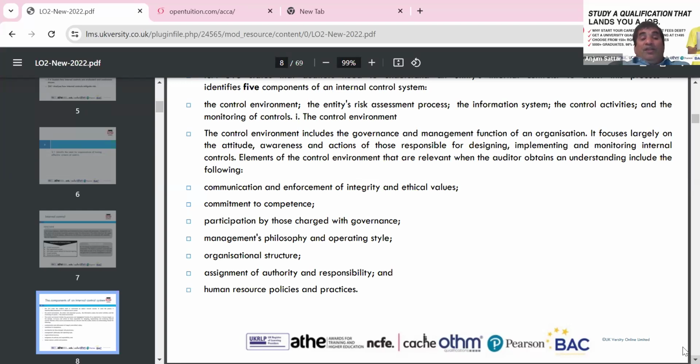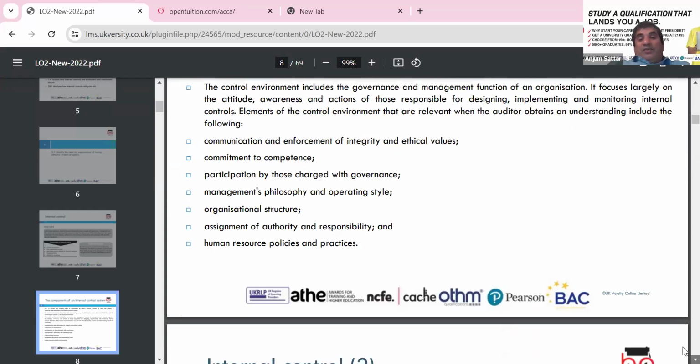If you have experience and expertise, you become more competent. So every role is looking for role competencies. We can look around the participation by those charged with governance, management philosophy, the operating style, organization structure, assignment of authority and responsibility, and human resource policies and practices.